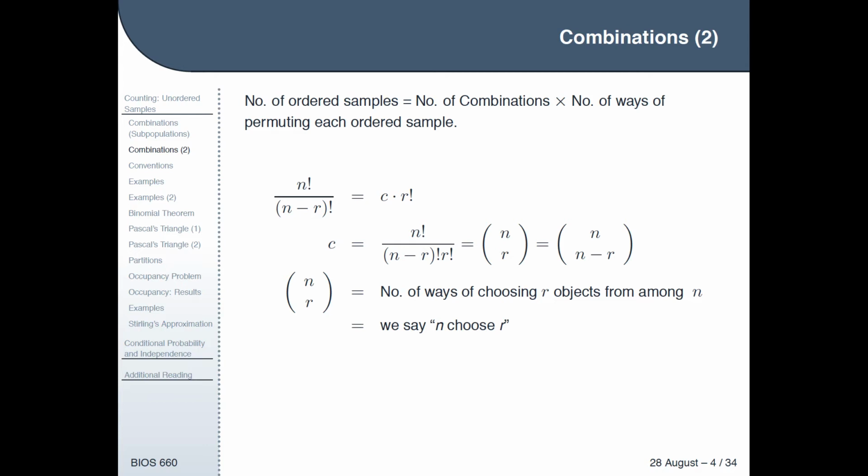So the total number of combinations is going to turn out to be n factorial over n minus r factorial times r factorial, which can be denoted as n over r in these little parentheses. The way you say it is n choose r, and that's obviously equal to n choose n minus r as well.